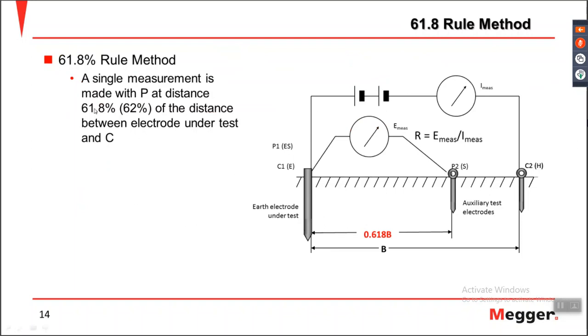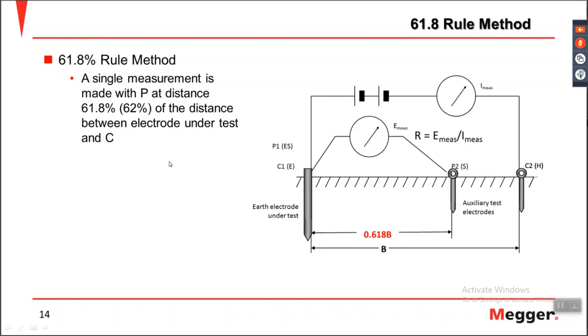I will not explain why we got this value. Actually, there is a calculation behind why this method is on the market to define the ground resistance value. But you can still find this method.